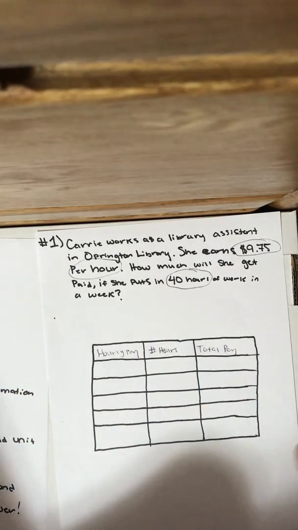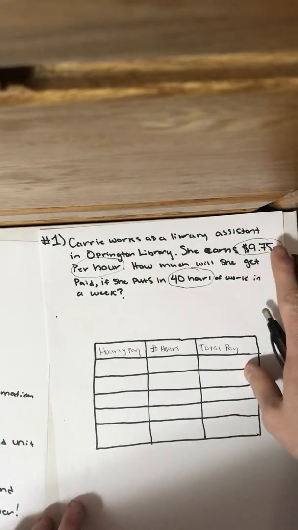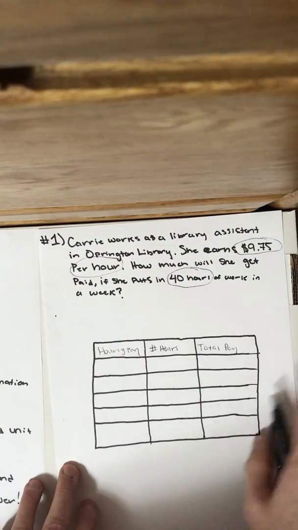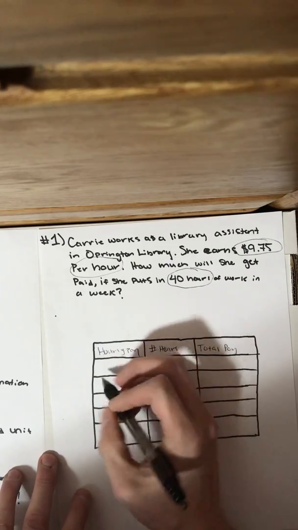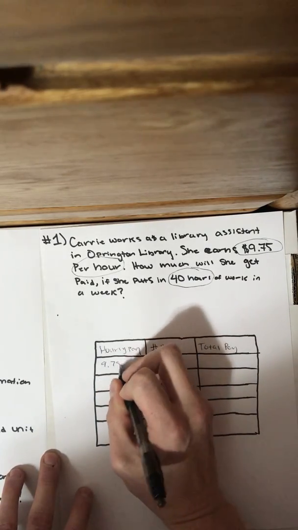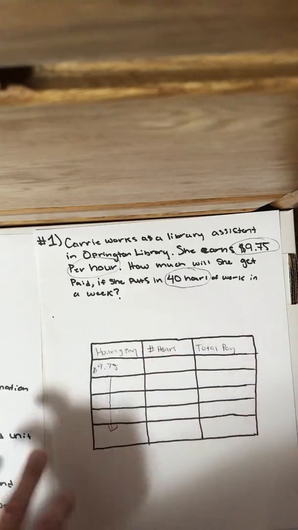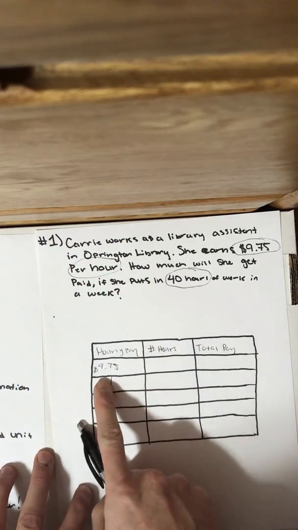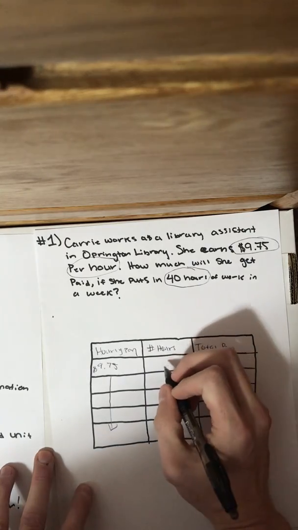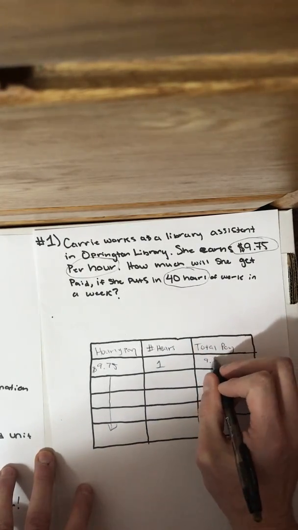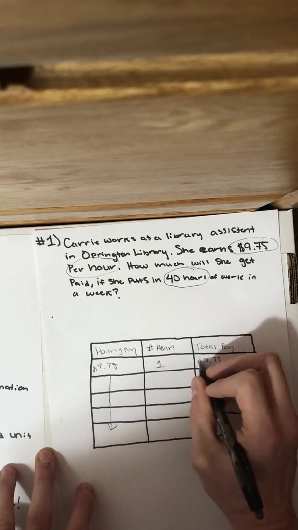If we look at our relevant information, we see that she makes $9.75 in 1 hour. So we can fill out our first little box here of the chart. Our hourly pay is $9.75, and that's going to be the same. Her hourly pay won't change. For 1 hour, we know she gets paid the $9.75. So how many hours? 1, and her total pay is $9.75.